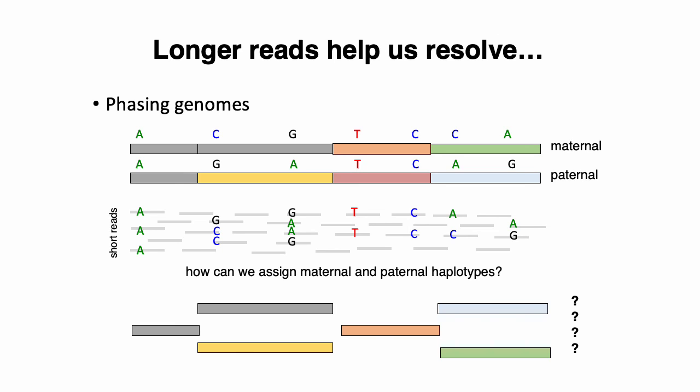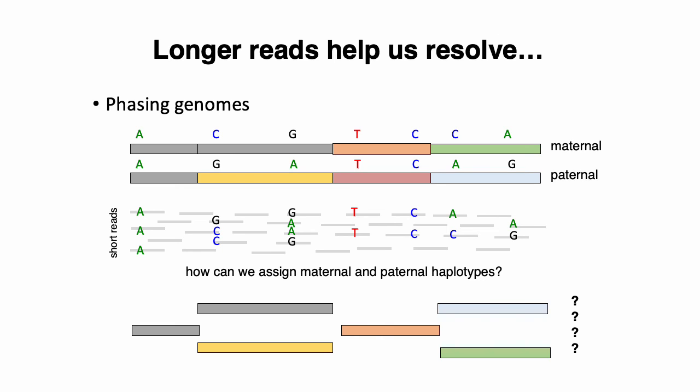One of the goals of human genetics is to be able to accurately sequence all of the humans on the planet. That involves not just determining each individual's genotype at each particular SNP in the genome, but another important goal is to do haplotype phasing.